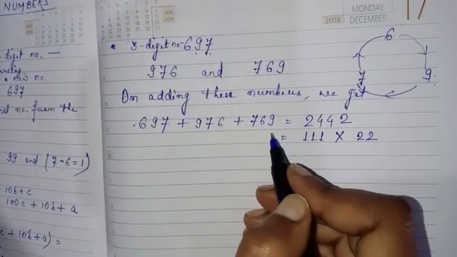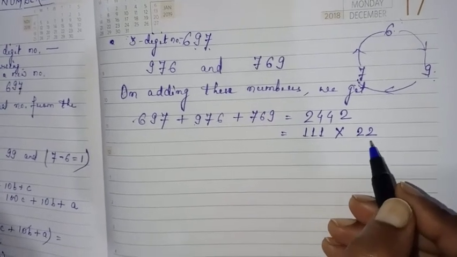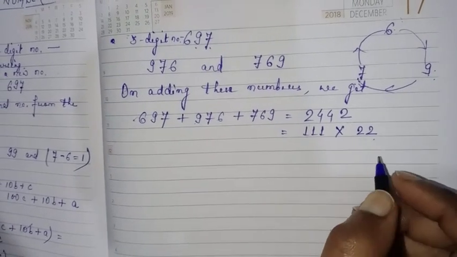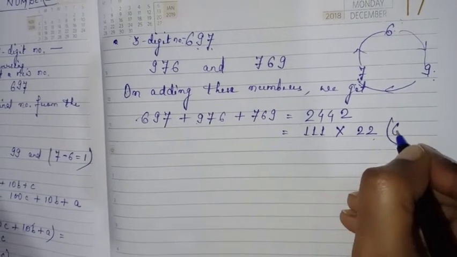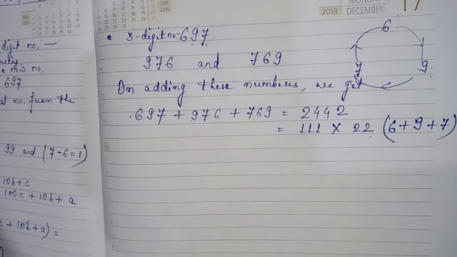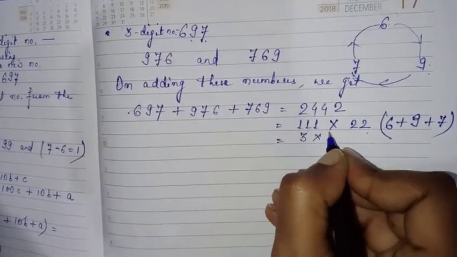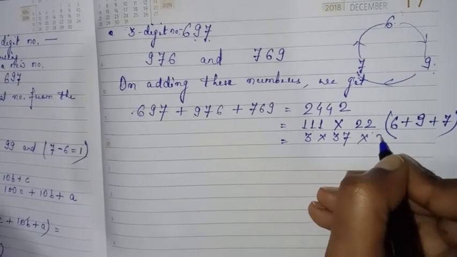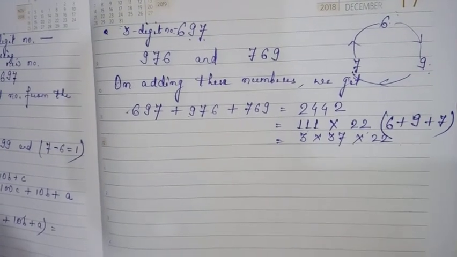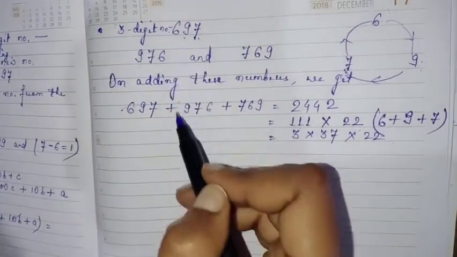If you add these numbers, you will get 111 multiplied by 22, which is the sum of 6 plus 9 plus 7, that is 22, okay. And 111 you can write as 3 into 37, into 22. So this number is divisible by these on adding these numbers.